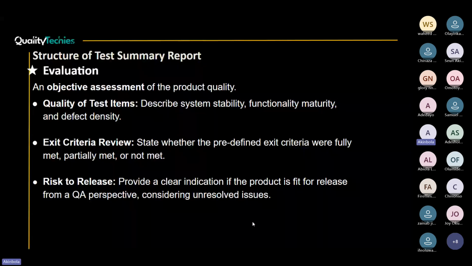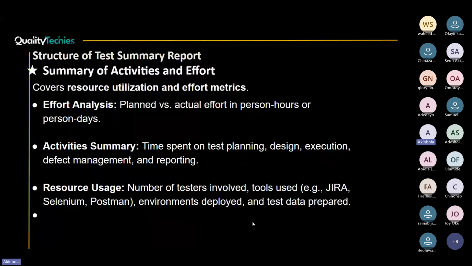Also, another section expected of you is the summary of activities and efforts, right? It covers the resource utilization and the effort metrics. Remember, you also mentioned in your test plan the resources that are going to be used and the efforts. So now you are coming to your summary report, just to do an analysis on the resources that were on this project at the end of the day, how many hours did you spend per day on this project?